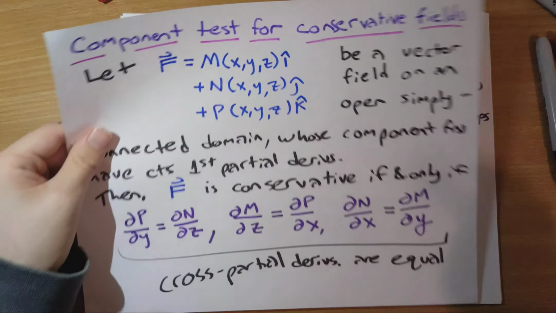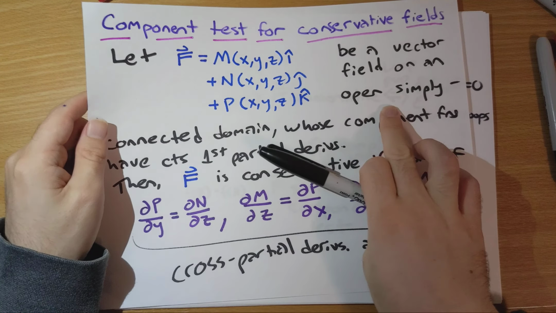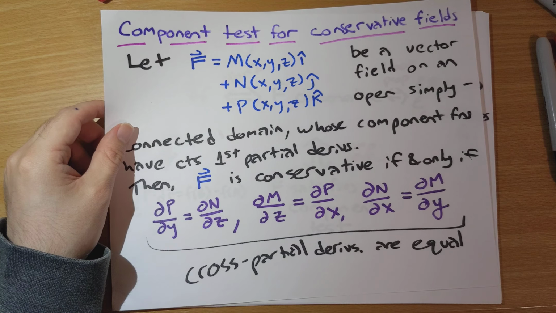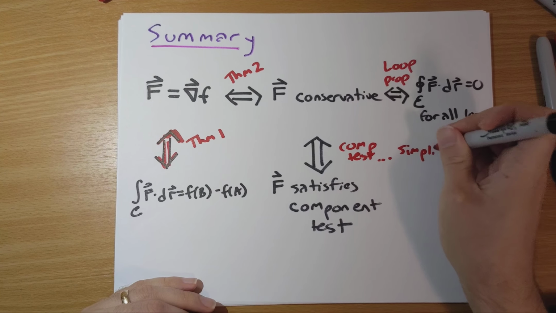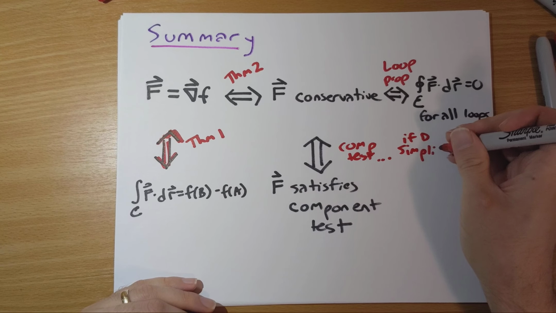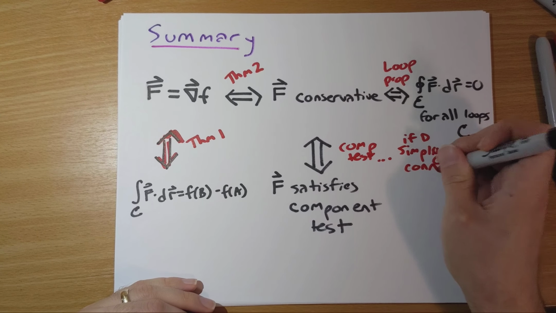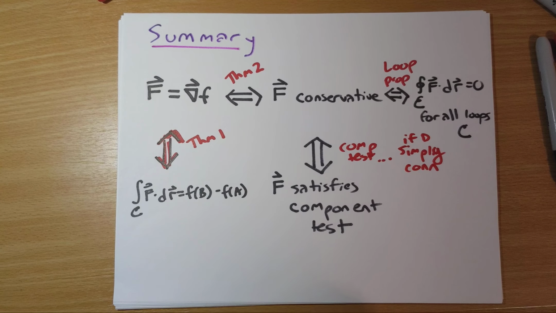But we have to be careful here in the case that our region is simply connected. And so in the last video in this section, we'll see what happens if we don't have a simply connected region. But assuming that we are dealing with a simply connected region, all of these properties are interchangeable.